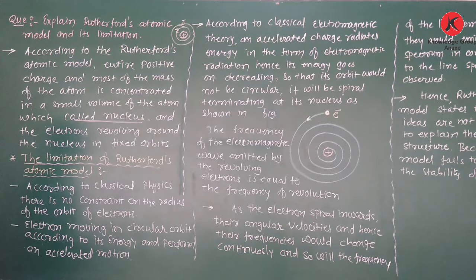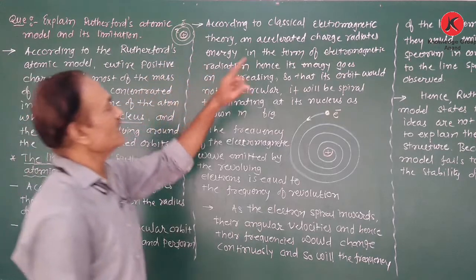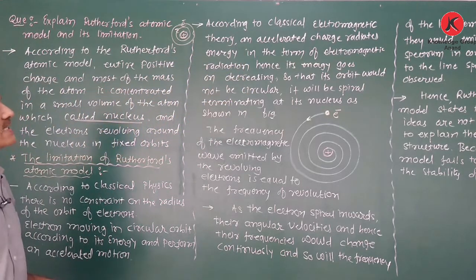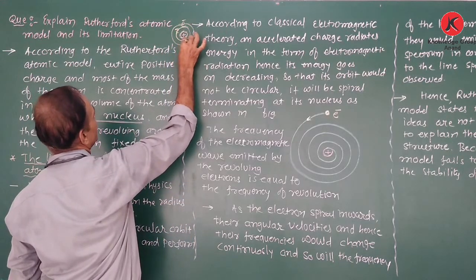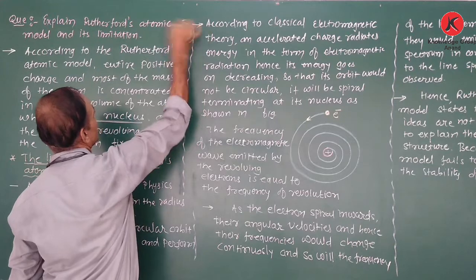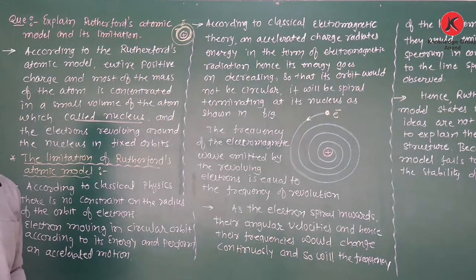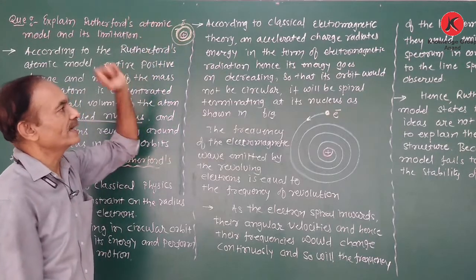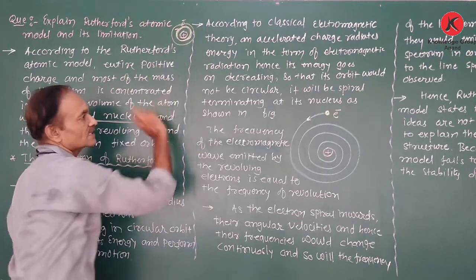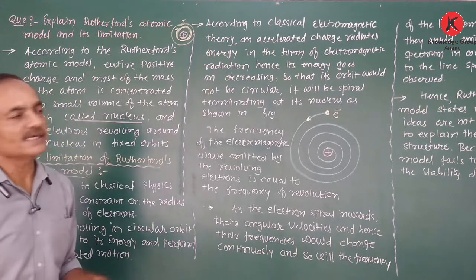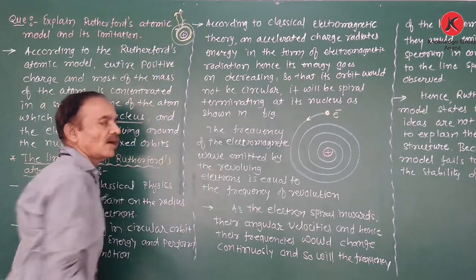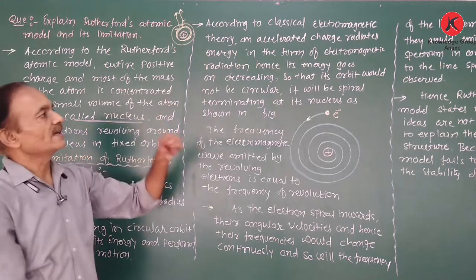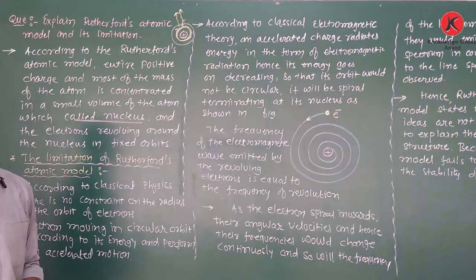Now, according to classical electromagnetic theory, an accelerated charge radiates energy in the form of electromagnetic radiation. So when the electron revolves in a circular orbit according to its energy, its motion becomes accelerated motion, and the accelerated charge radiates energy in the form of EM waves, so its orbit would not be circular.